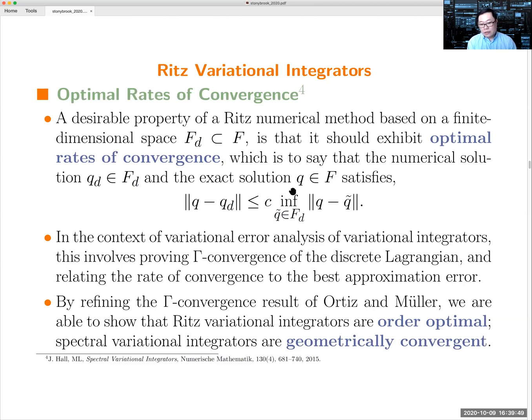So many numerical methods can be understood in terms of various best approximation properties of function spaces, and this result more or less shows you that the same kind of idea applies, and this gives you a way to systematically construct good variational integrators which are adapted to the kind of problems you're interested in.